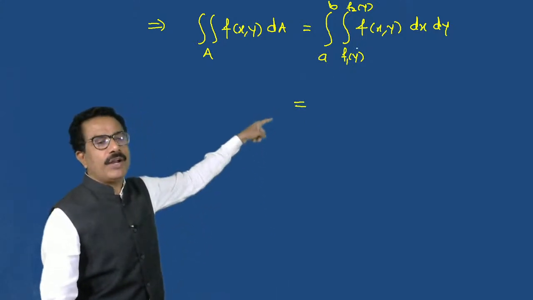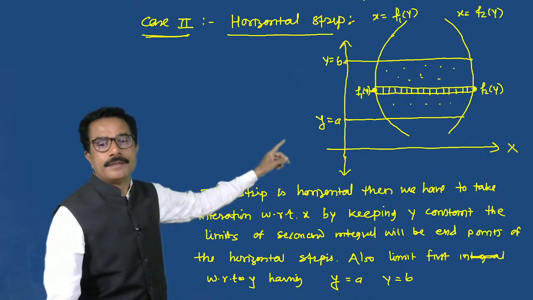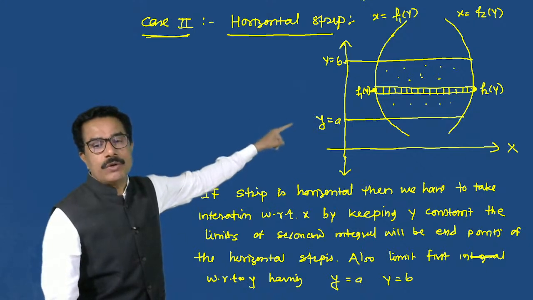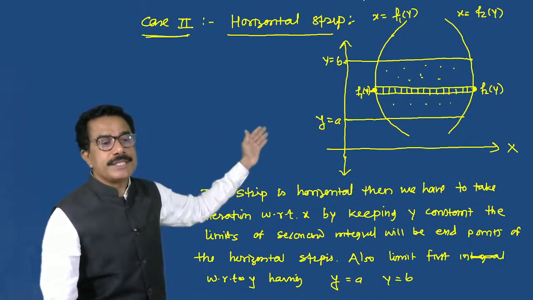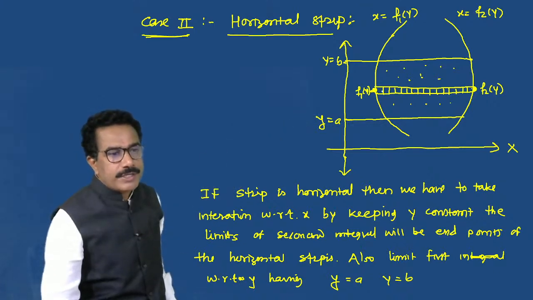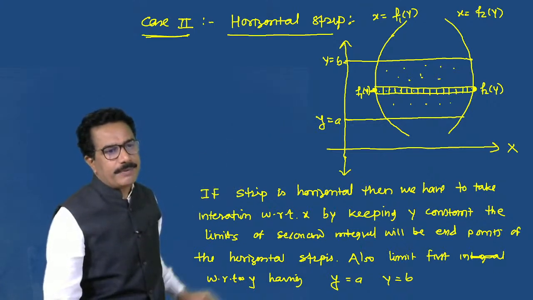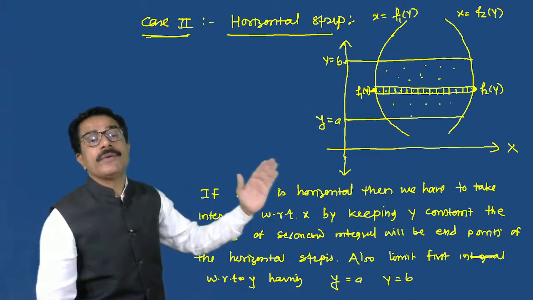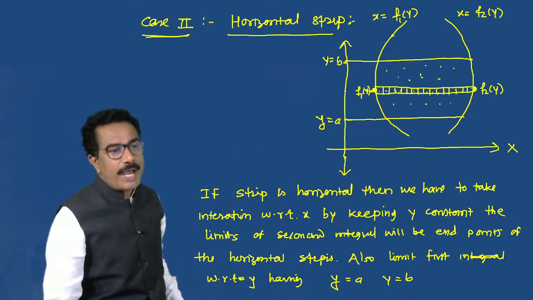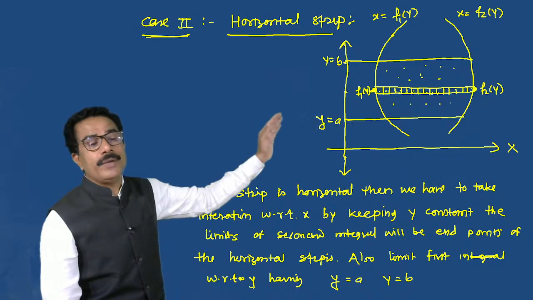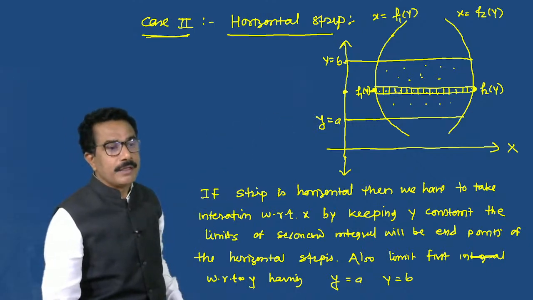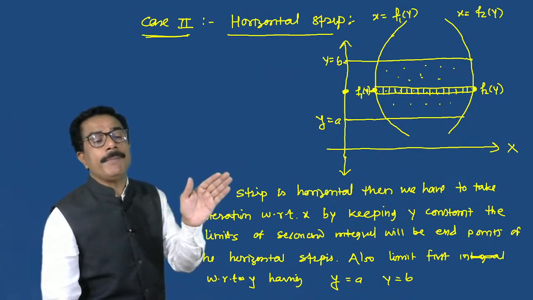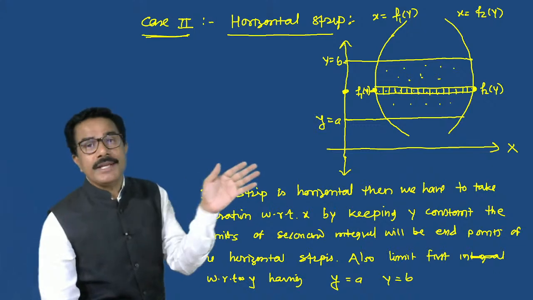Here in this case, f1 of y and f2 of y are the first and last end points of the horizontal strip. This is a horizontal strip, means changing with respect to x. Look, the rectangles in a horizontal strip are changing with respect to the x axis. So in this case y will be the constant. When we have to take the horizontal strip, then the area calculated in that strip will be along the x axis.